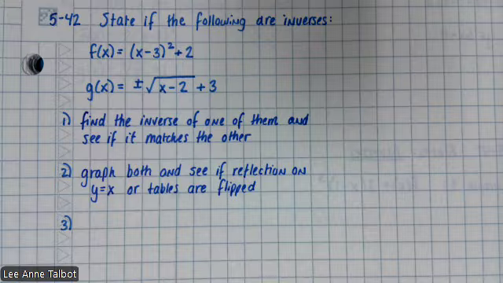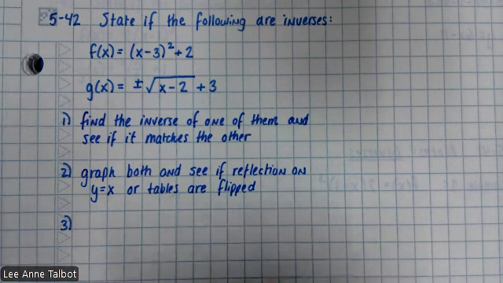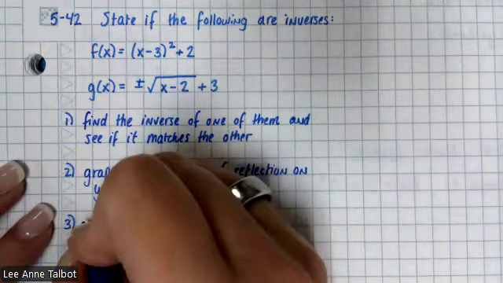I highly suggest if you do that on the graphing calculator that you do the zoom square so you can really see if it's the actual reflection. Or, this is really cheating, you could look at both of their tables and see if the tables are flips of each other. Super cheat right there. That's a massive cheat. Or, I'm going to appeal to you that I like to use my favorite way, which is called the stacked function machine method.